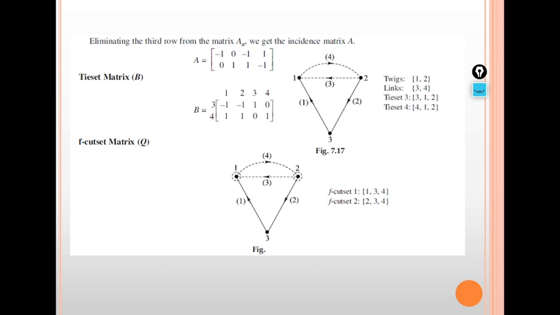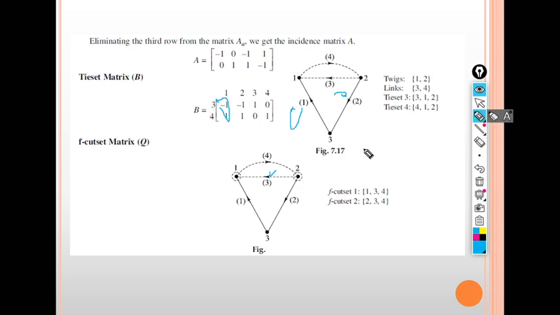Now if I want to find the tie set matrix, at least one link should be there. So first you will draw this one, so its direction is towards this, and so this one.